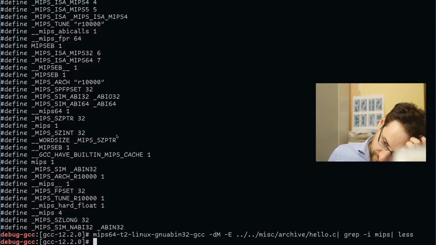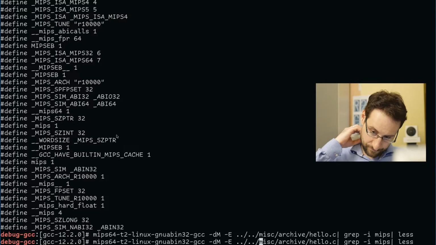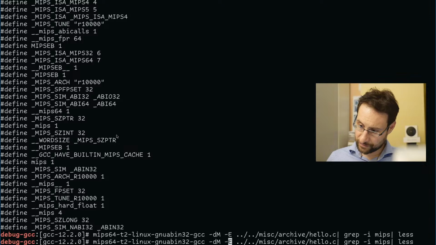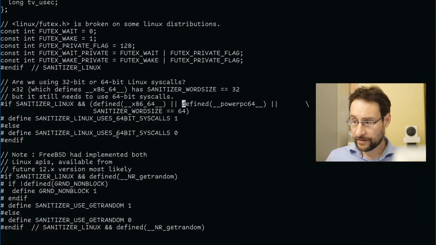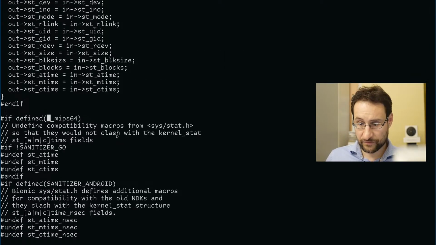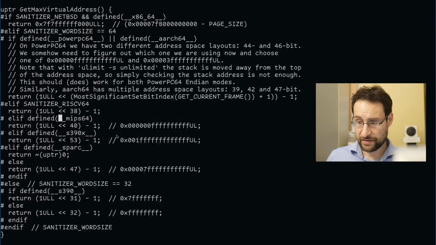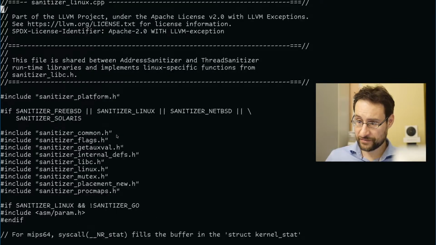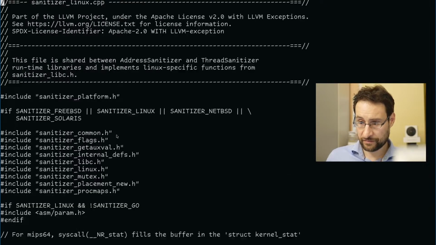What did we build? We probably built N32, 32, right? So that is old-fashioned, I guess. Okay, fine. MIPS 64, because they have that here. Because the word size is 32, I guess that doesn't define there.